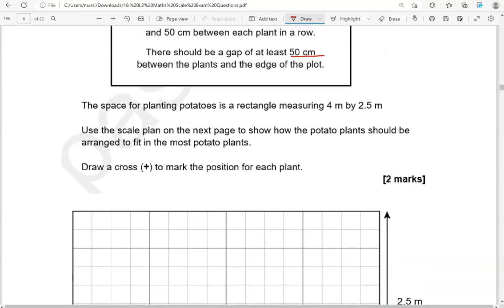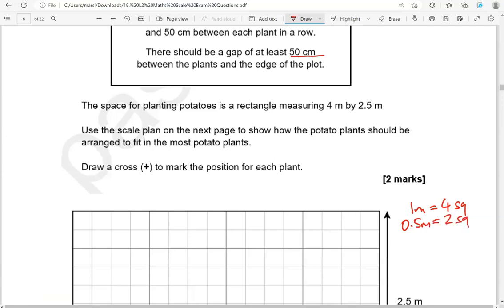So in half a meter between the plants and the edge of the plot, that would be 2 squares. So 1 meter, 4 squares, and then half a meter will be 2 squares.